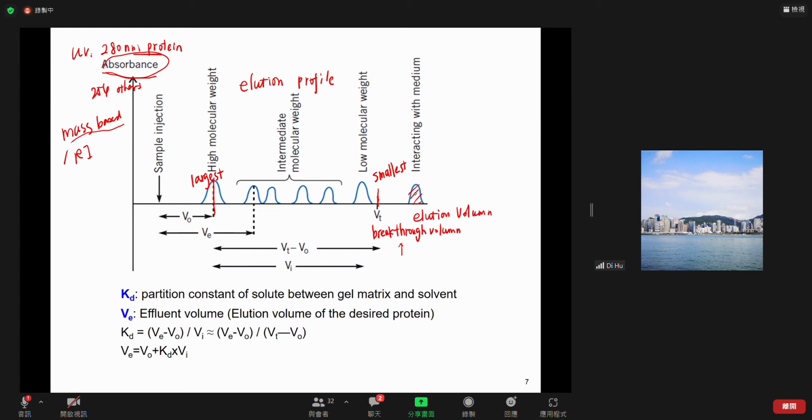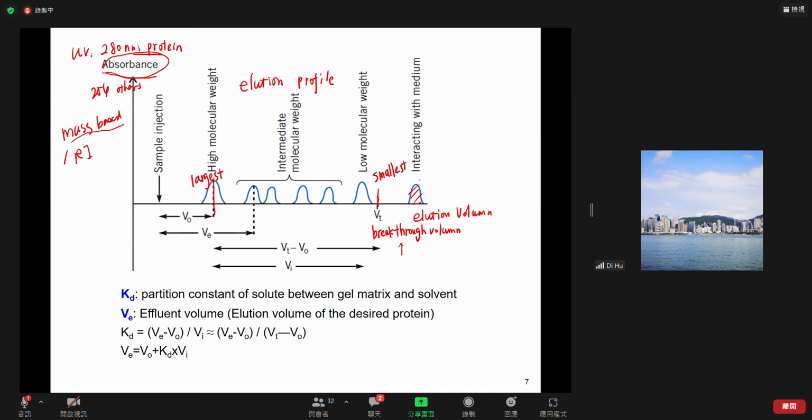But that's the ideal case. Your stationary phase is sometimes porous silica particles, sometimes resin. A resin has some hydrophobic surface, so it may have some hydrophobic interaction with some of the analytes. If there is this secondary adsorption, it will hold the analyte and let it come out after VT. This is not what we want.